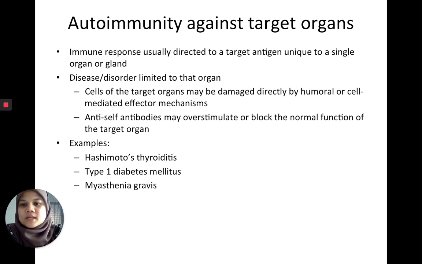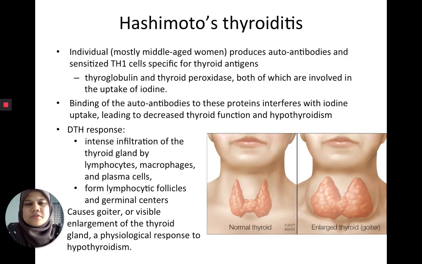So let's talk about autoimmunity against target organs. Examples of this include Hashimoto's thyroiditis, type 1 diabetes mellitus, and myasthenia gravis. Hashimoto's thyroiditis is where production of autoantibodies and sensitized Th1 cells specifically target thyroid antigens. So the antigens in the thyroid are recognized by these antibodies and these T helper cells.